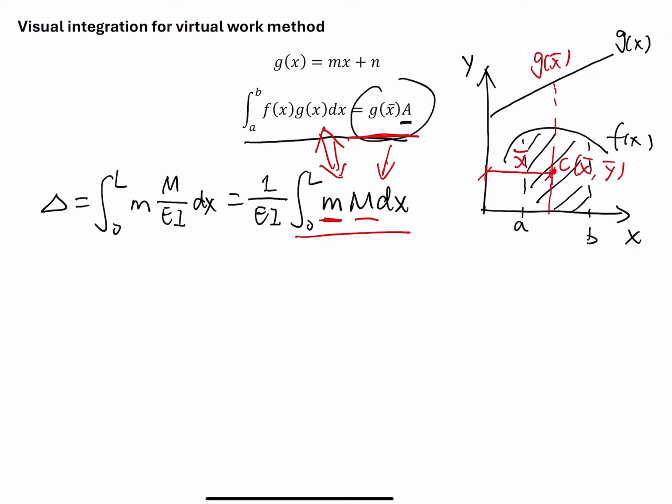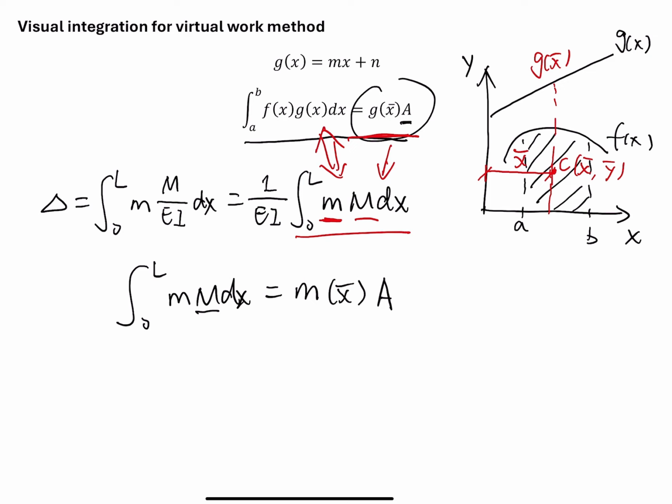So how do we do that? The integral from 0 to L of small m capital M dx will equal m x bar times A. A is the area of the bending moment diagram, the real internal bending moment, and m x bar is the magnitude of the virtual internal bending moment at x equal to x bar.